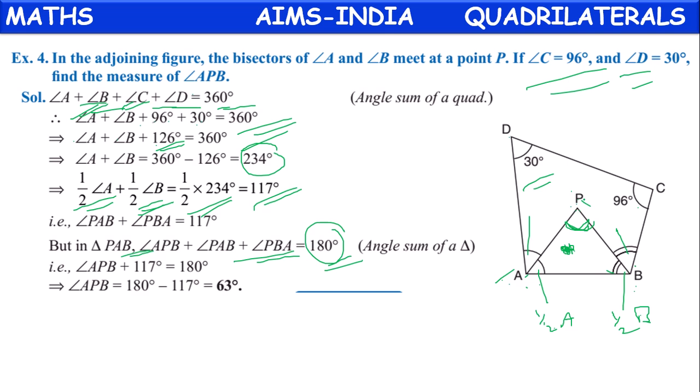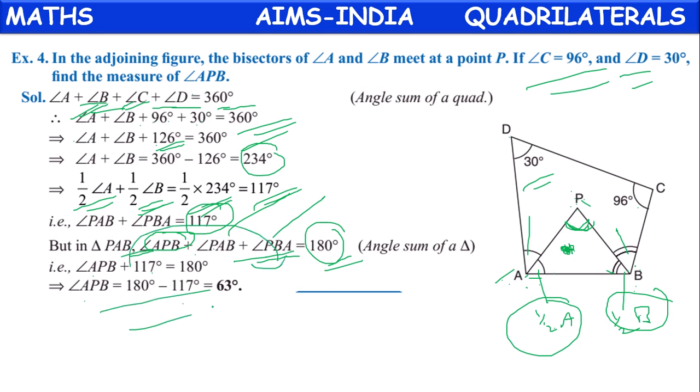PAB equal to half A, and PBA equal to half B. So in these three, this is half A, this is half B. Half A plus half B, how much? 117 degrees. So APB plus 117 degrees equals 180. So APB equal to 180 minus 117, 63 degrees.